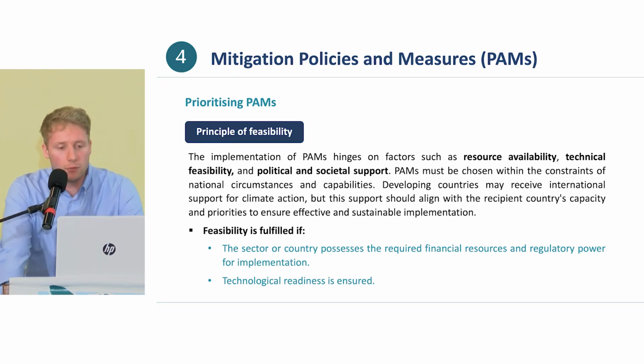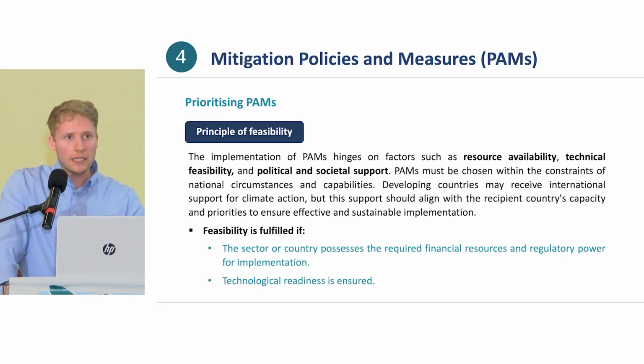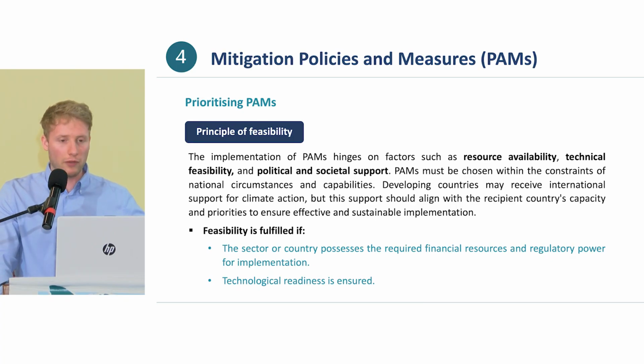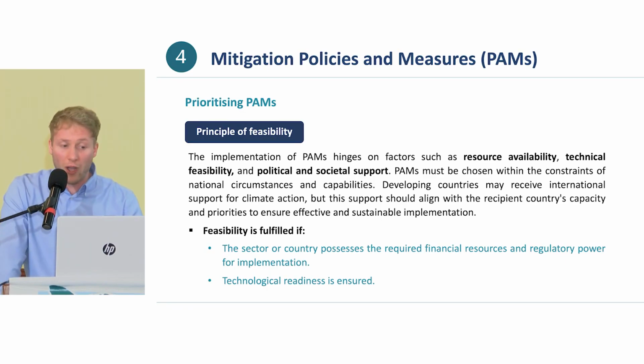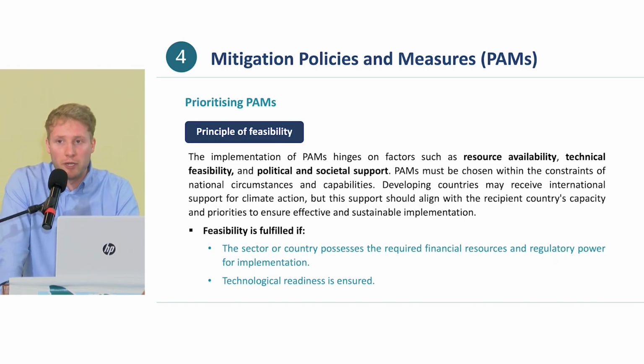Then feasibility would be the next one. So once we have established, okay, it's relevant, we use that sector, and we have an idea, installing 1 gigawatt of solar panels would help. Okay. Then we need to check, do we have the resources for that? Do we have technical feasibility? Do we have the potential even in our country? And also, can we gather political and societal support? In my country, in Germany, a big problem, I don't know why, a lot of people have problems with windmills.